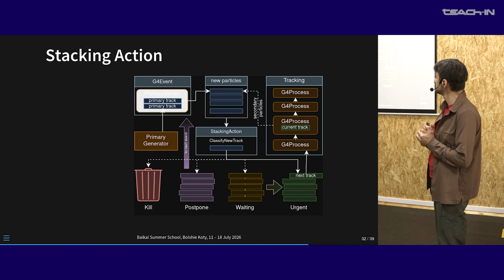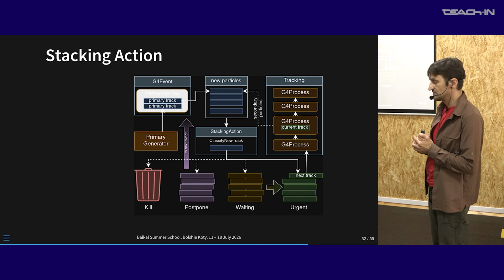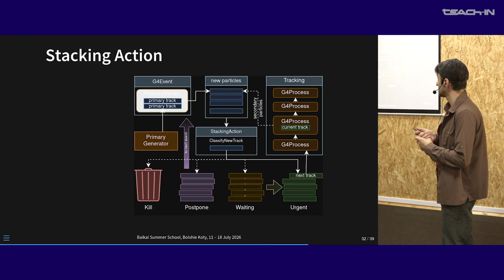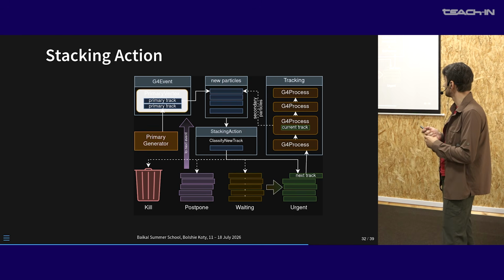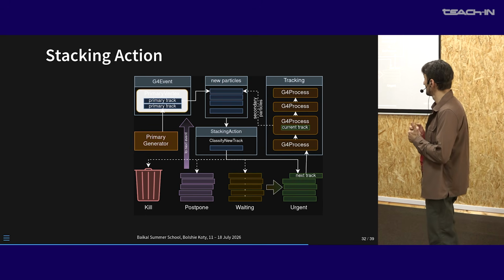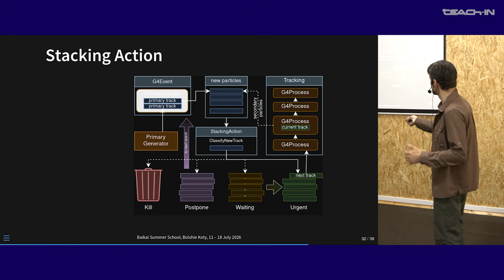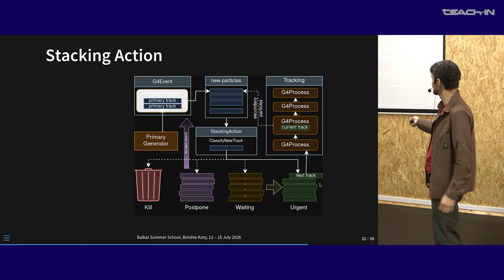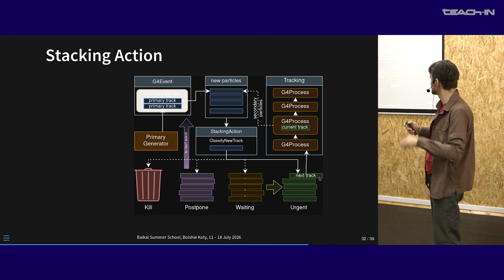Okay, so there's one more action, stacking action. And this requires a little bit of explanation. So this is how it works in Geant. Each bar is a track, okay?